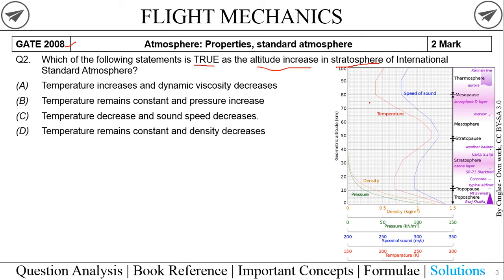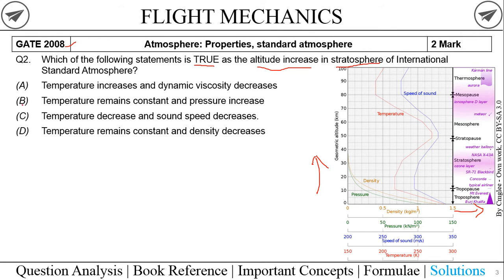So here we see the international standard atmosphere chart, and they have plotted the typical variations of different properties, the pressure, density, and temperature along the increase in altitude. So on the y-axis is the increase in altitude, and on the x-axis are the parameters.